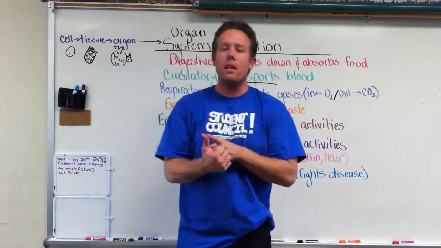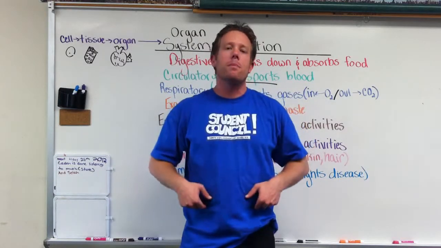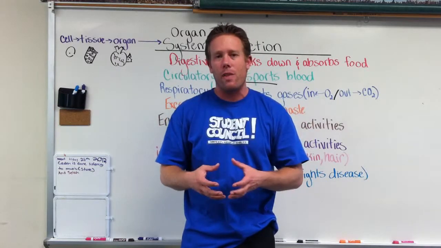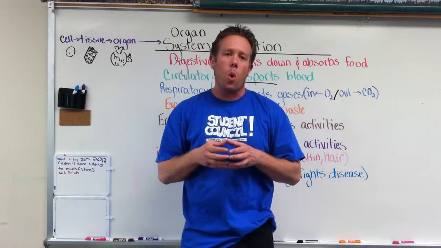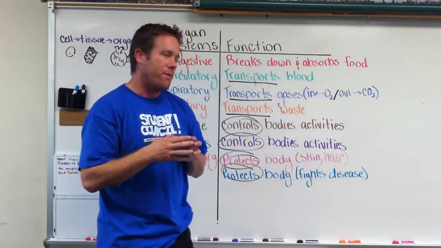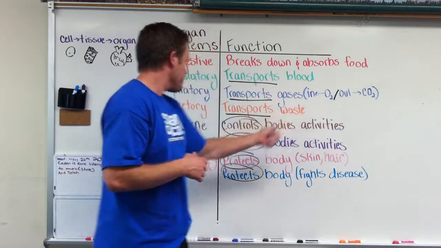And that's going to be your kidneys, the nephrons, the ureters, the urethra, the bladder, that sort of thing. All of these organs are working together to perform a specific function, namely to transport waste.